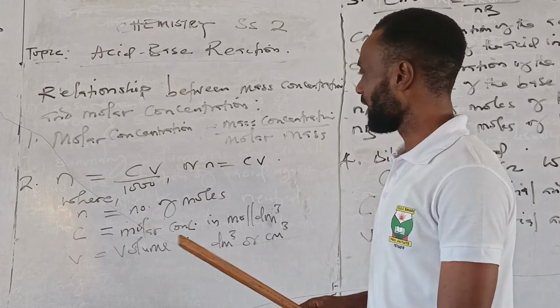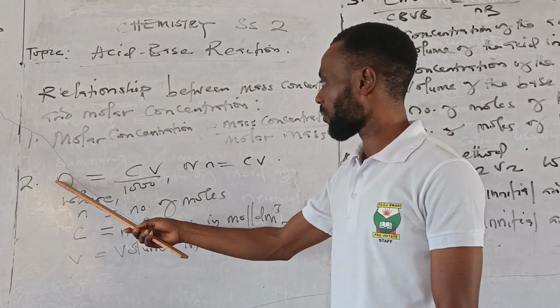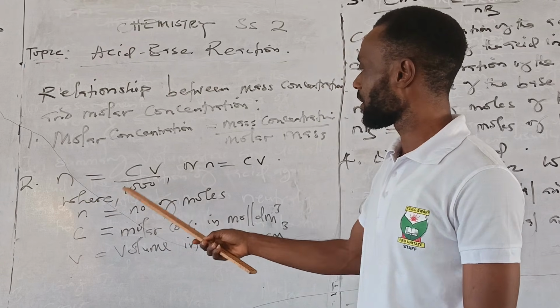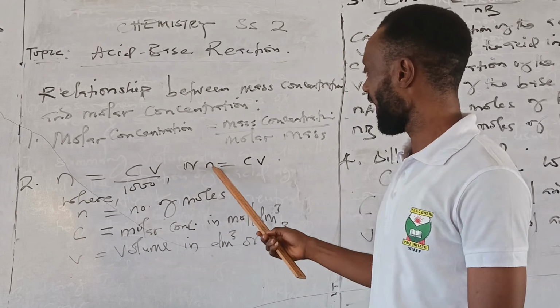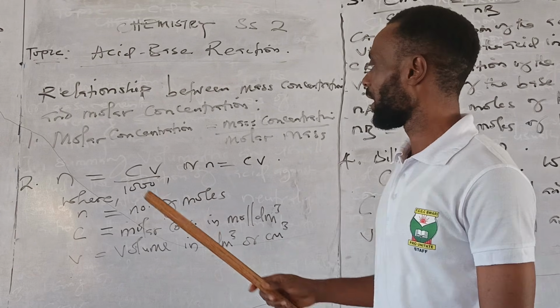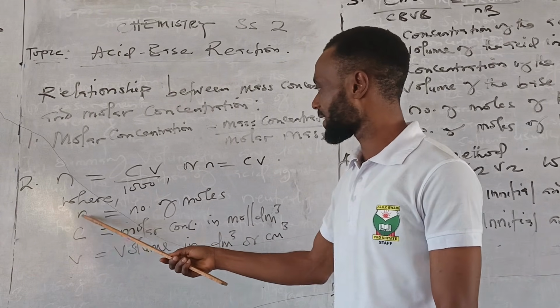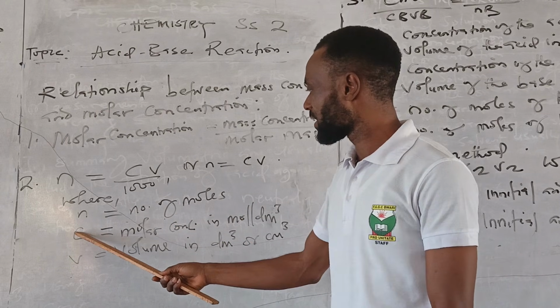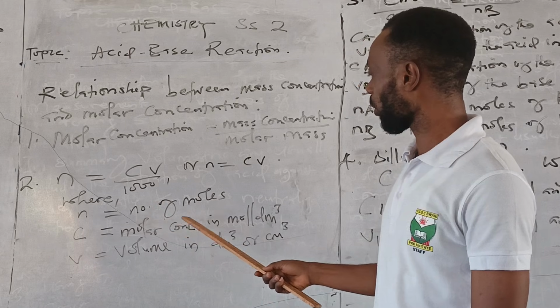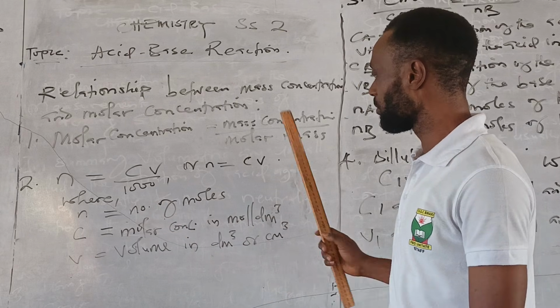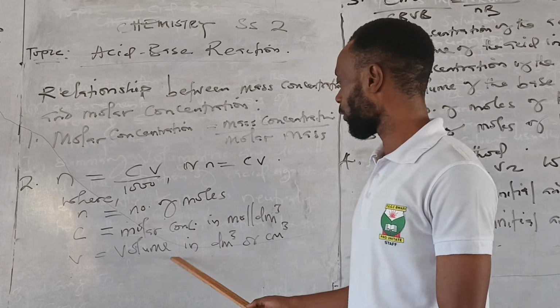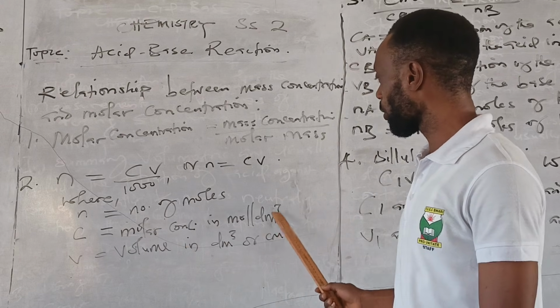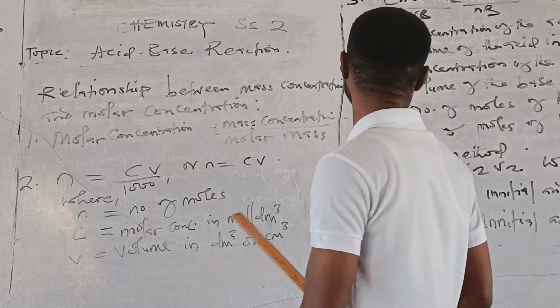And then the second one is n, small letter n, equals CV over 1000, where the small letter n stands for the number of moles, the C stands for molar concentration in mole per dm cube, while the V stands for volume in decimeter cube or centimeter cube.